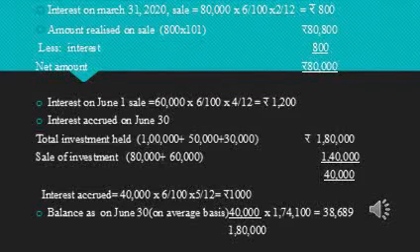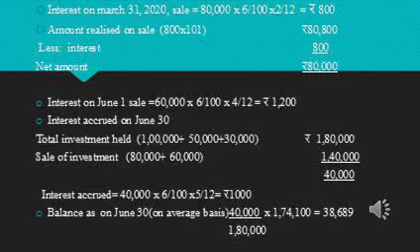Therefore, the interest on June 30th, along with the to bank account, 60,000 is the nominal value. We'll write that, and then interest 1,200, and the amount becomes 600 into 102. It is 61,200. That is how the cost comes. It is not a total of interest; it is the cost, 600 into 102.